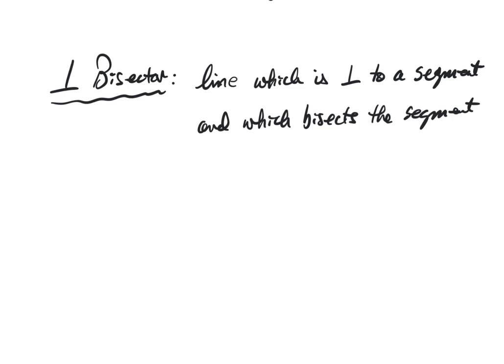All right? So what we're going to start with is a segment. So we'll just have a segment drawn somewhere. And remember, a segment is a portion of a line with two endpoints. So maybe we'll call the endpoints A and B. And now if we draw a perpendicular bisector to that segment, the line that we draw is going to do two things.